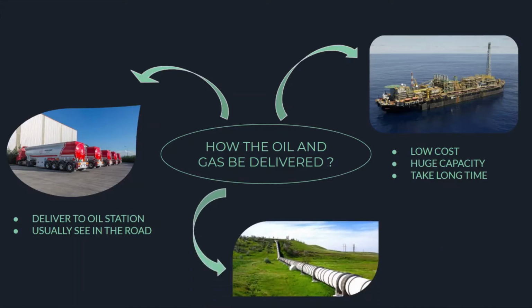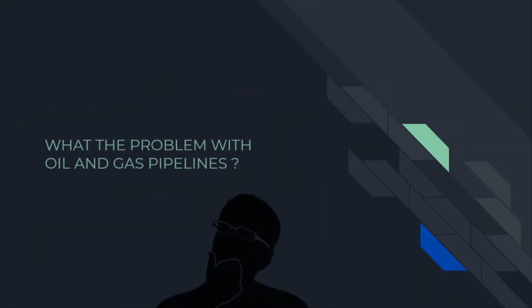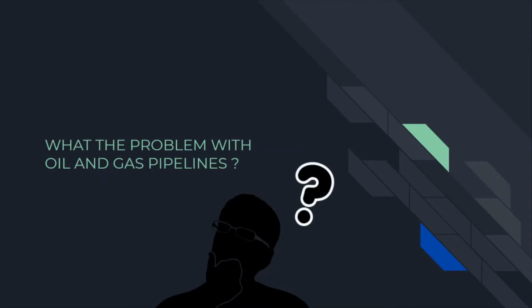It can also deliver a tremendous amount of oil and gas, and it doesn't take long to deliver over a long distance. But what is the actual problem that we face in oil and gas? Firstly, as we know, the movement of oil and gas from one point to another is so fast, and it will create high pressure inside the pipeline.